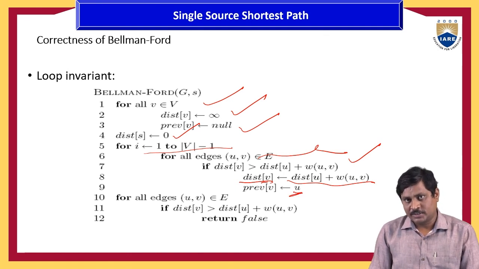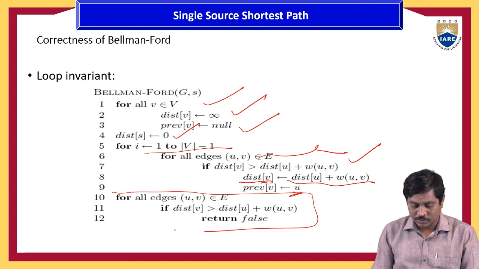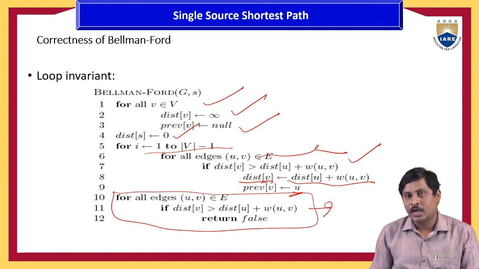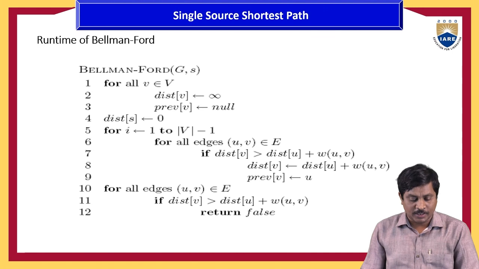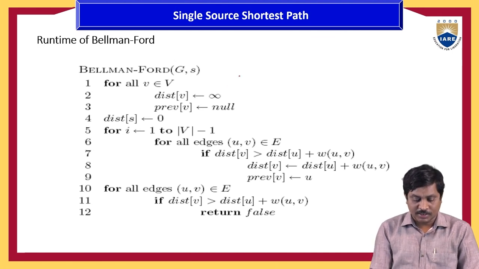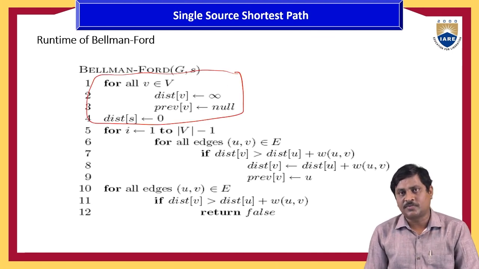In this piece of code, we check for negative edge cycles. If a negative edge cycle occurs, we eliminate that negative edge cycle. We consider only negative edges in the shortest path and find the shortest path from the source to any other vertices. This is the runtime of the Bellman-Ford algorithm. In this algorithm also, first in this piece of code, we initialize the values.